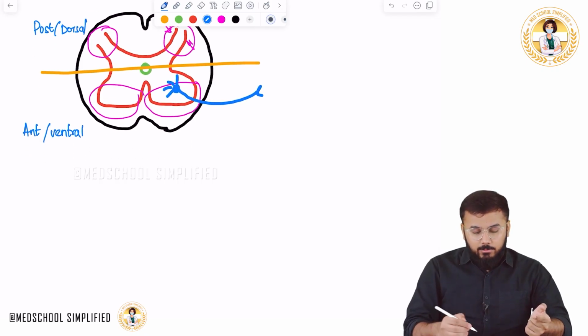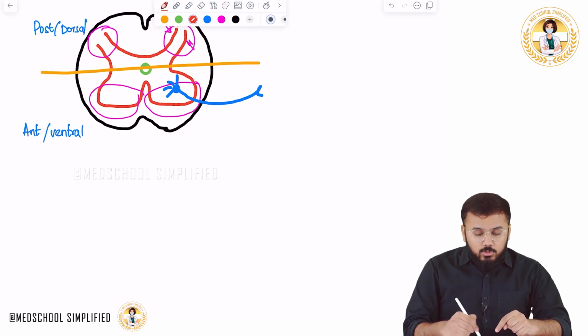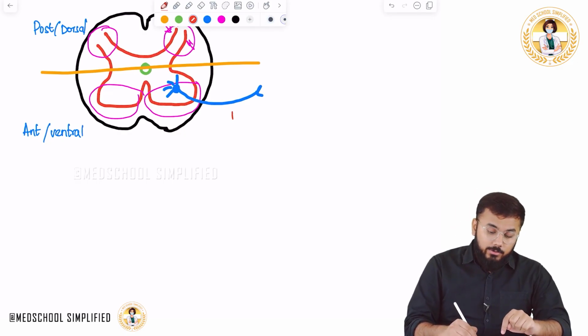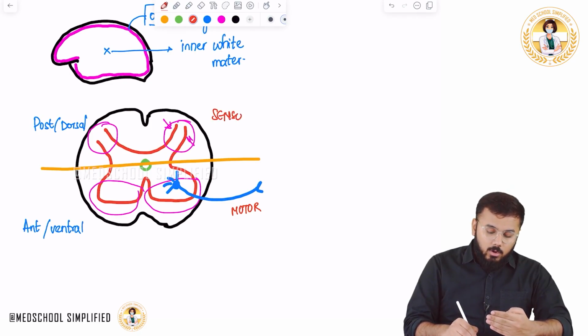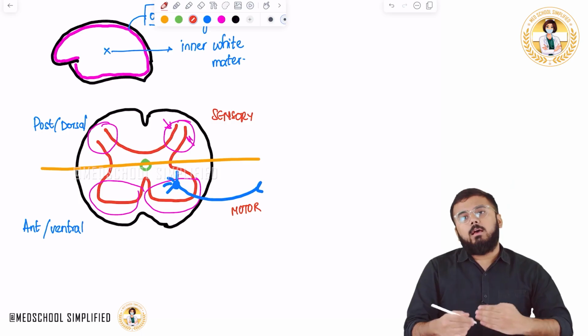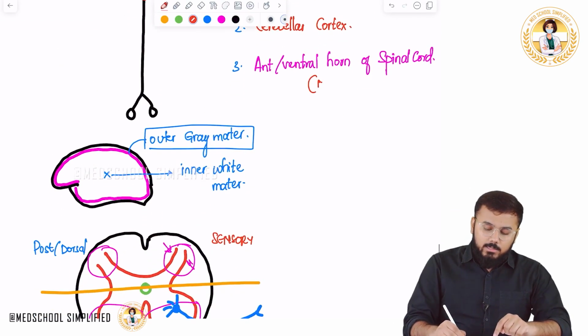And tell me, what is the function of this neuron in the anterior or ventral part? Is it a motor neuron or a sensory neuron? This neuron is a motor neuron, right? And where is the sensory neuron? All the neurons present above this line are sensory neurons, and all the neurons present below this line are motor neurons. Okay, so obviously this will be a motor neuron. So write in the bracket that this would be your motor neuron.